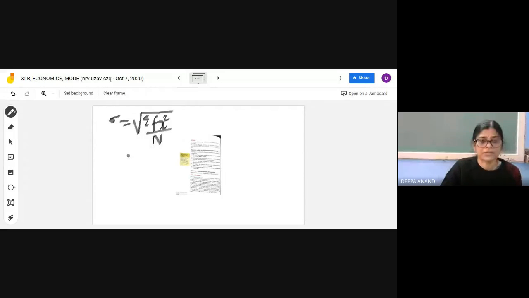So here you got standard deviation equal to root of 258 upon 24. What is the answer?